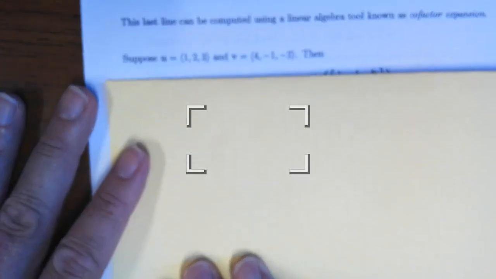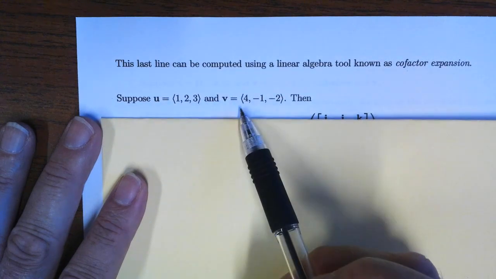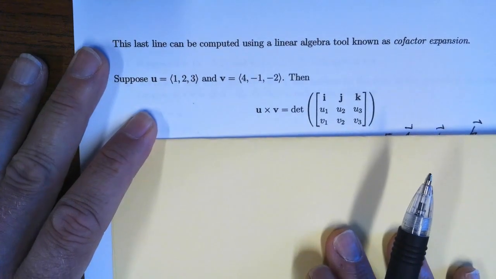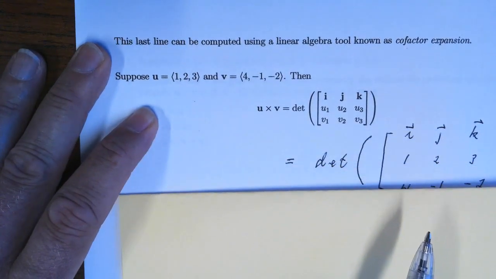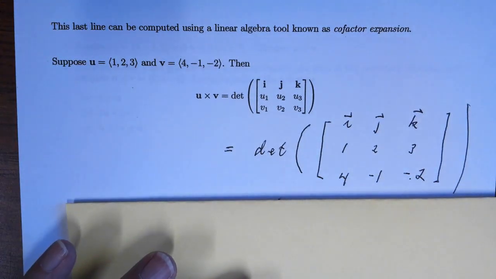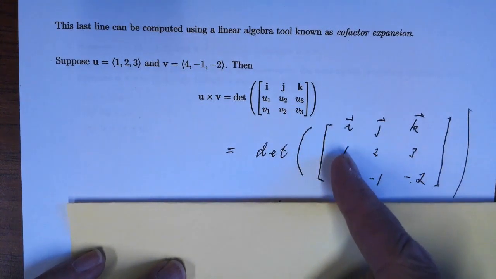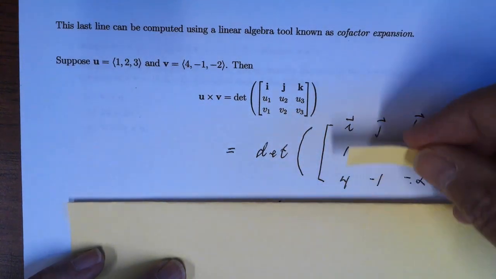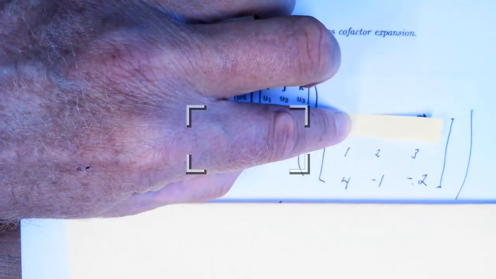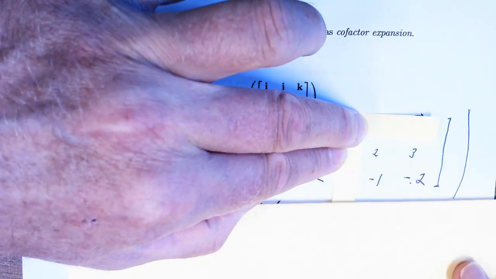Let's take a look at a particular example. U is 1, 2, 3. V is 4, negative 1, negative 2. Now we're going to use what's known as cofactor expansion. The first thing we're going to do is expand along the top row. So I'm going to cover up the top row and the first column of my matrix.